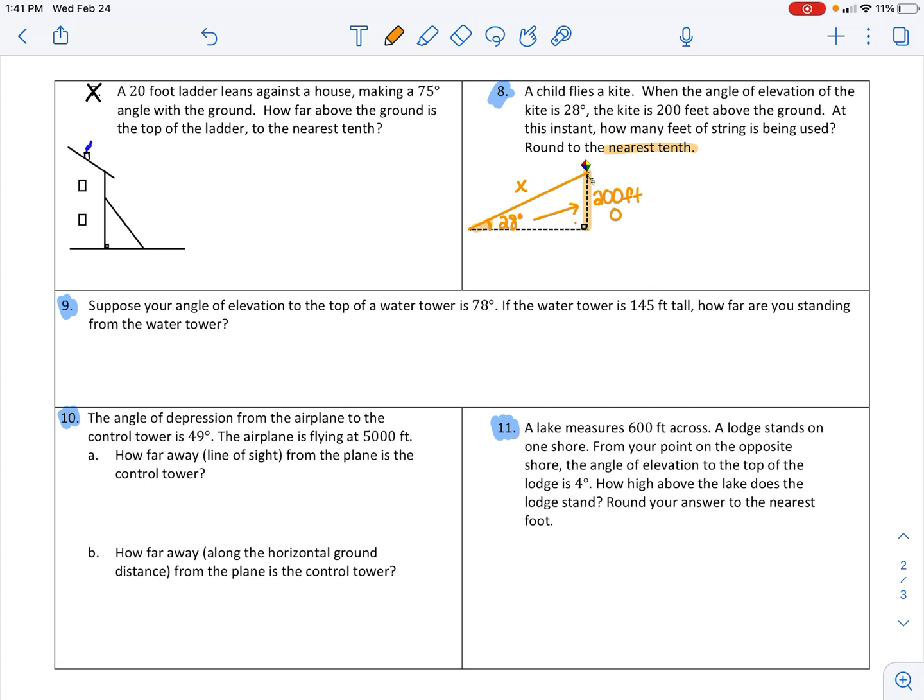And then we also have x, which is across from the 90-degree angle. So that's actually our hypotenuse. So if we have opposite and hypotenuse, we're going to be using sine. So we're going to say the sine of 28 is equal to opposite over hypotenuse.